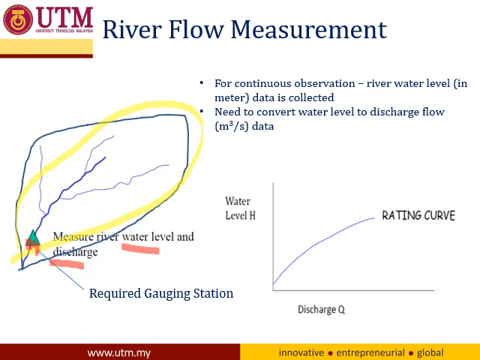If it measures water level, then we need to have a rating curve, which is a curve that translates water level to discharge. Whatever it is, we need some kind of water level or discharge station at the downstream, to monitor the flow within the catchment.